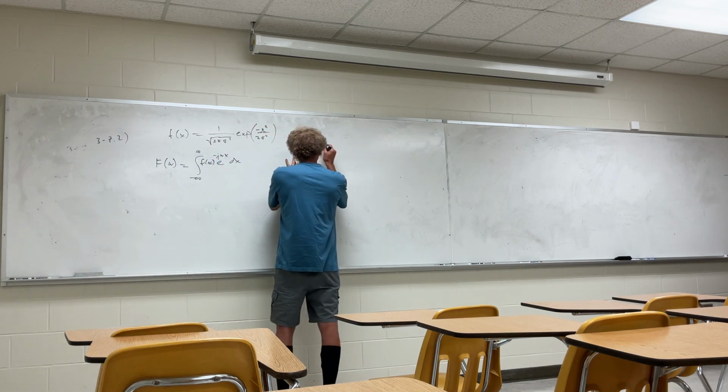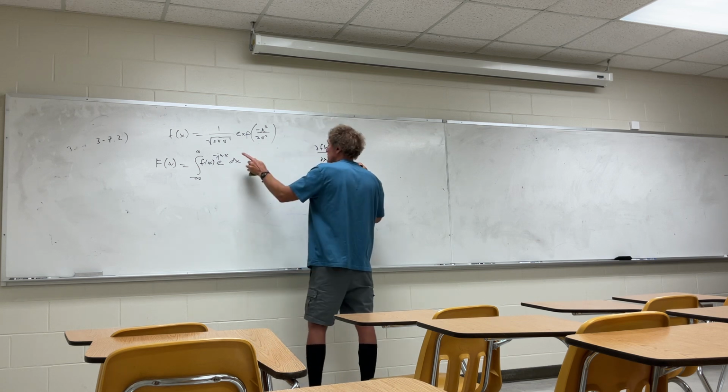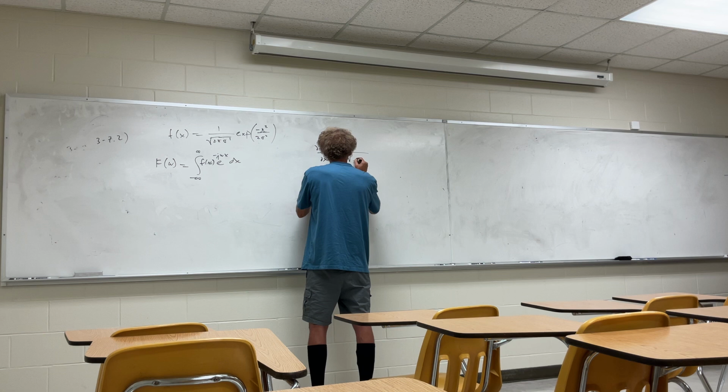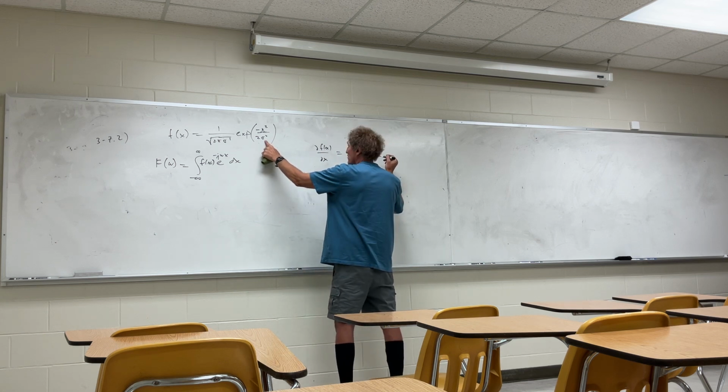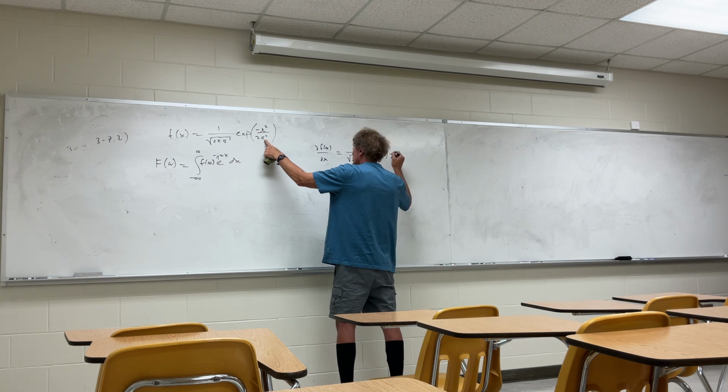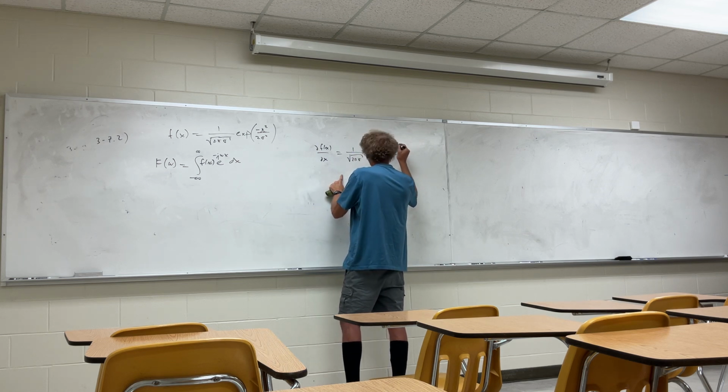You take a derivative of f of x with respect to x, and that gives you 1 over the square root of 2 pi sigma, and the derivative of the exponent is going to be minus 2x over 2 sigma squared, times e to the minus x squared over 2 sigma squared.